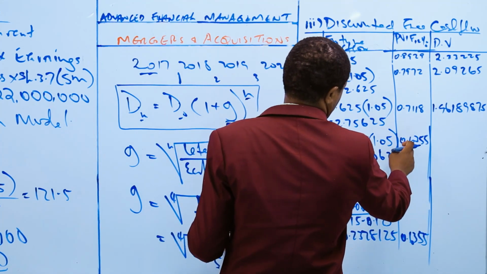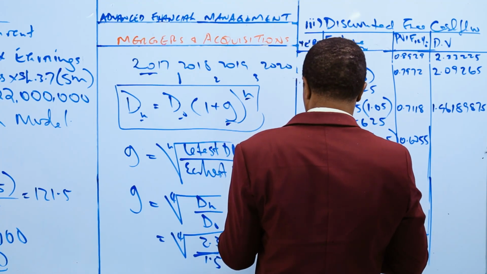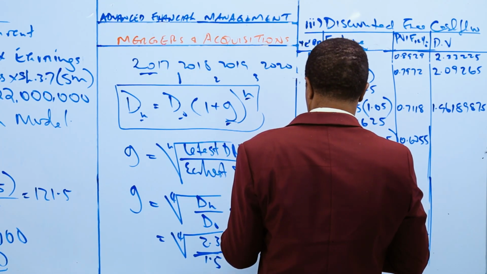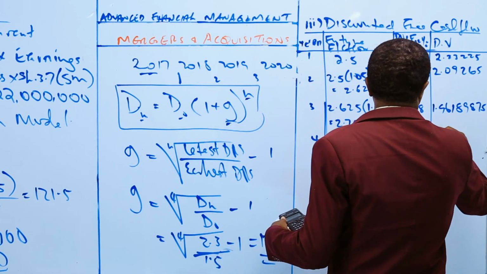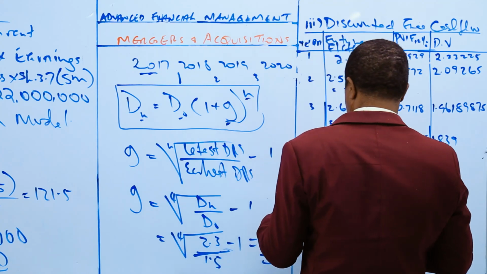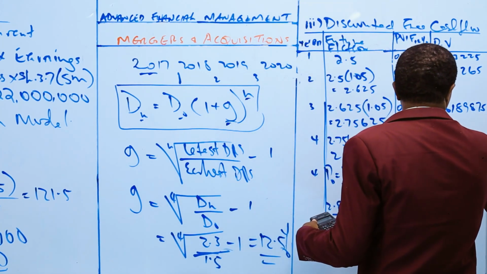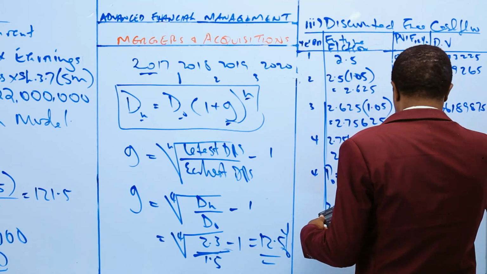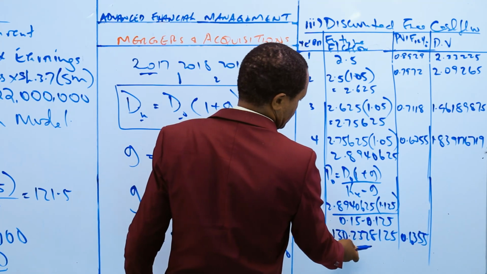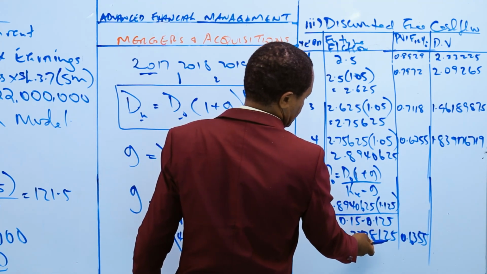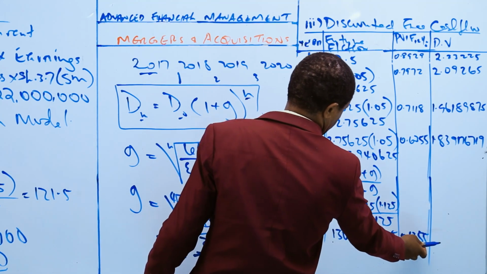Fourth year we have 2.8940625 times 0.6355. That will be equal to 1.839176719. Then lastly, we have 130.2328125 times 0.6355.